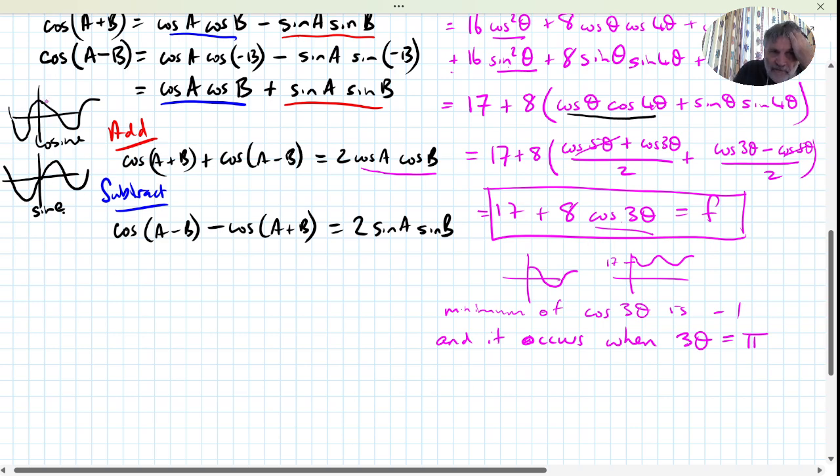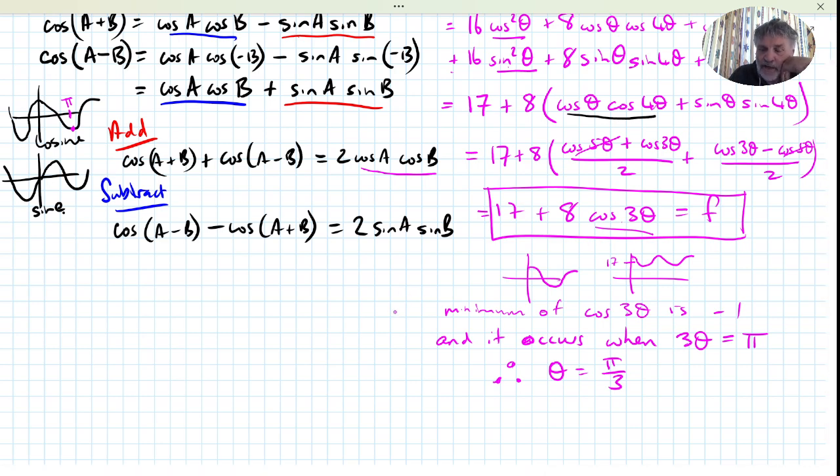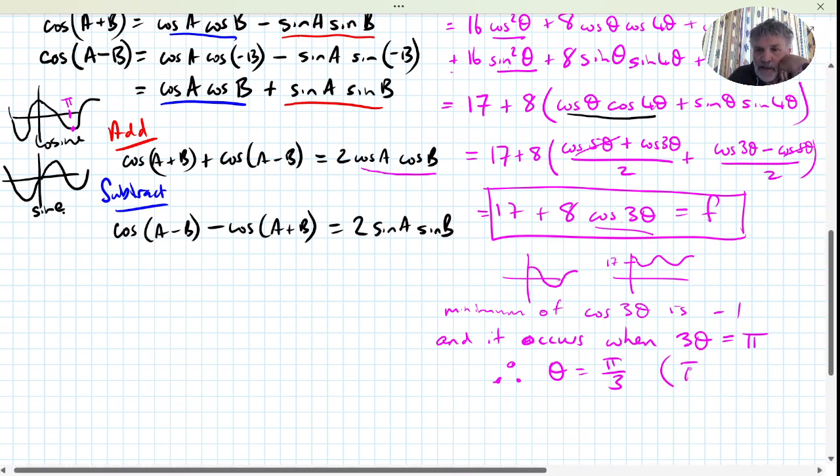Here's a cosine graph. This minimum corresponds with the value of pi. So therefore, theta is pi over 3. It occurs at other values, but they will be outside the first quadrant. So this is the only one in the first quadrant.